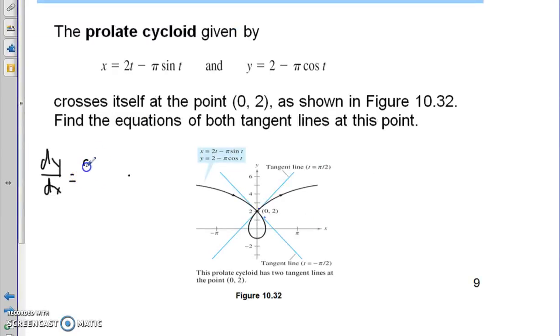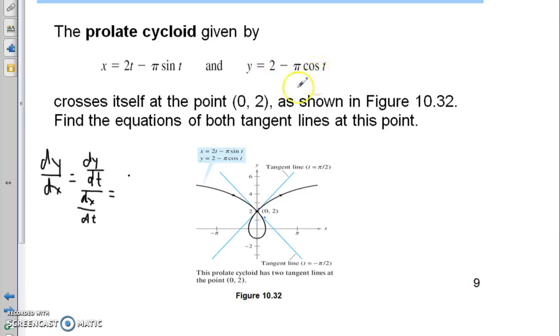Here we've got dy dx, of course, is dy dt over dx dt, which is equal to, alright, dy dt, it's right here, not too bad. That's of course 0.